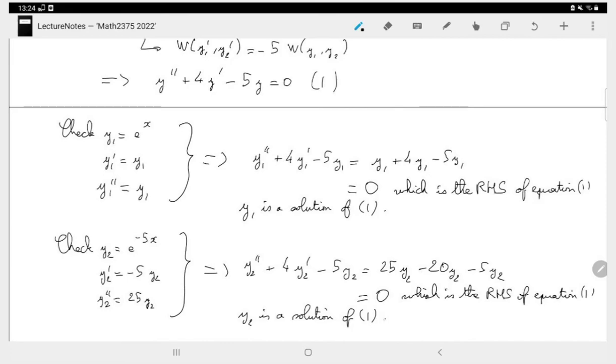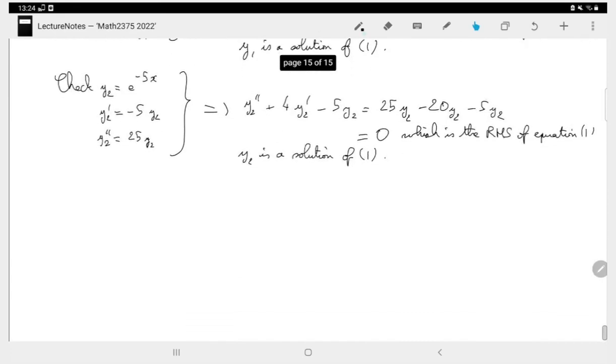Okay, so that was the first set of functions that we gave you. Then there is a second set of functions that we gave you, which was y1 equals x squared, and y2 equals x to the minus 3. And so once again, we ask you to calculate the Wronskian of these functions.